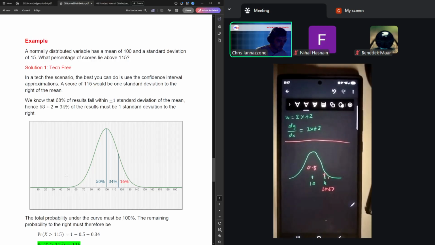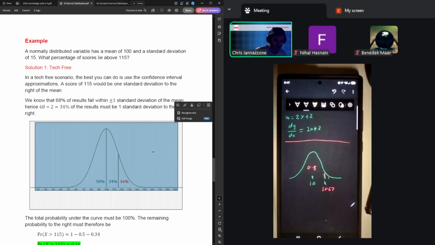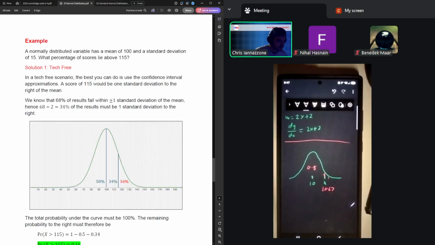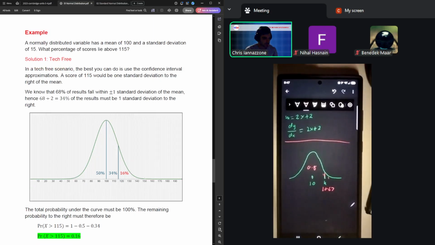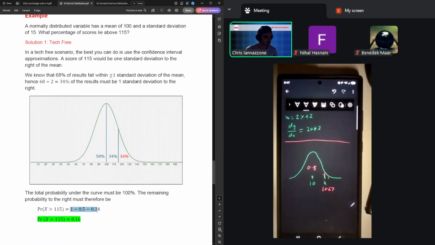From there, because 100% is the total area under the curve, you're essentially just adding these ones up and subtracting from 100 to get the net probability that is in the section that you care about, which is above 115, right of 115. That's all it is. In this case I just did two subtractions, but you could just as easily have added those up and then done 1 minus that.